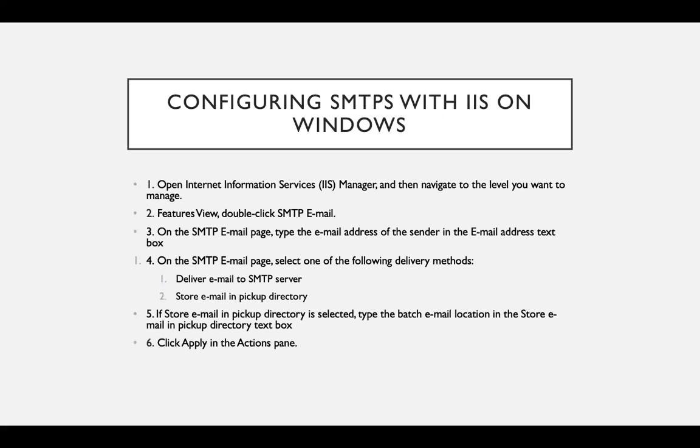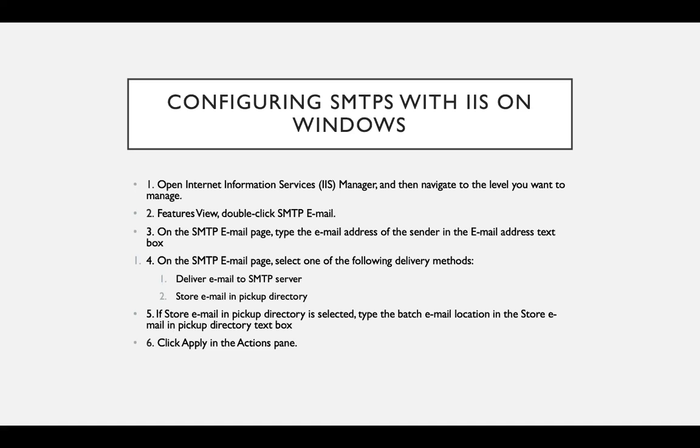So how to configure SMTPS with IIS on Windows. You open the Internet Information Services, which is in Windows Manager, and navigate to the level you want to manage. Second step is features. You go to features view, double click SMTP email.